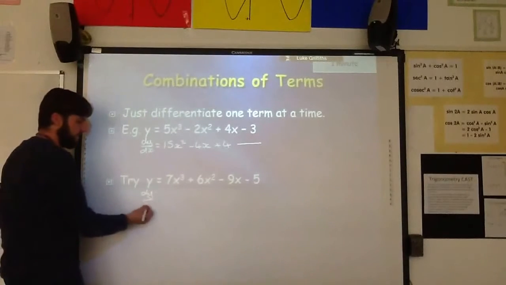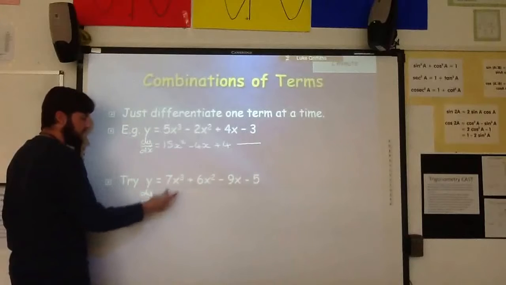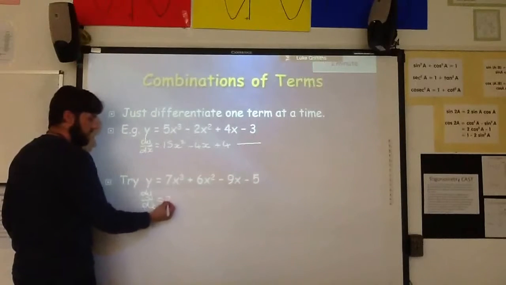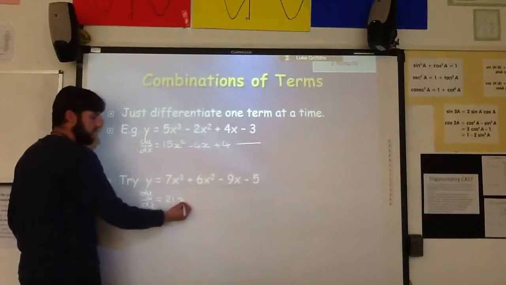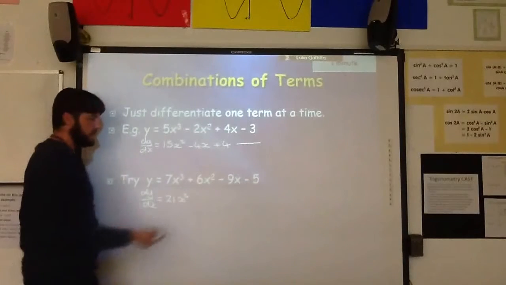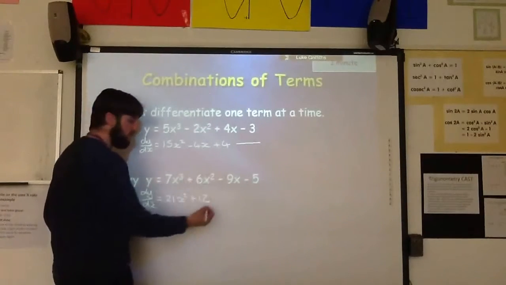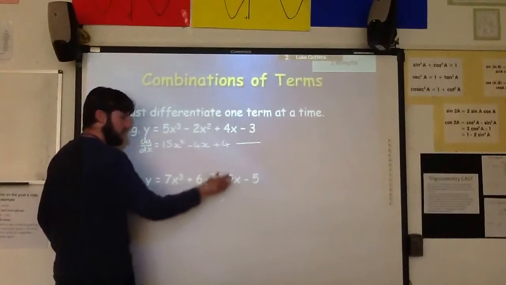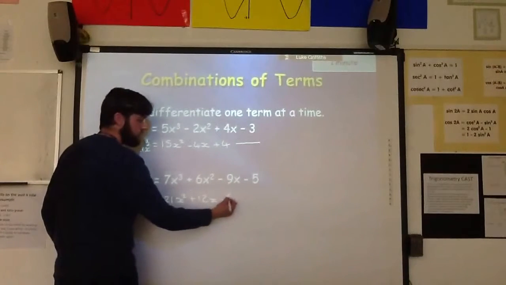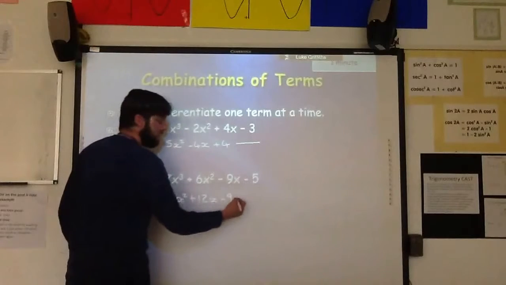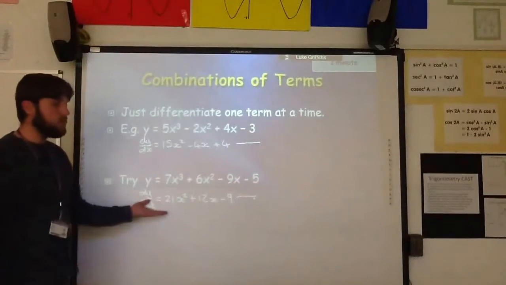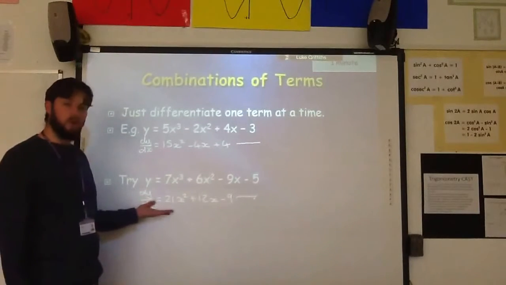Let's have a look. Timesing 7 by the 3, we get 21. Taking 1 from the power, we get x squared. Timesing the 6 by the 2, we get 12. Taking 1 from the power, we get x. Any number times by x just leaves us with the number. Any number on its own disappears. 21x squared plus 12x minus 9.